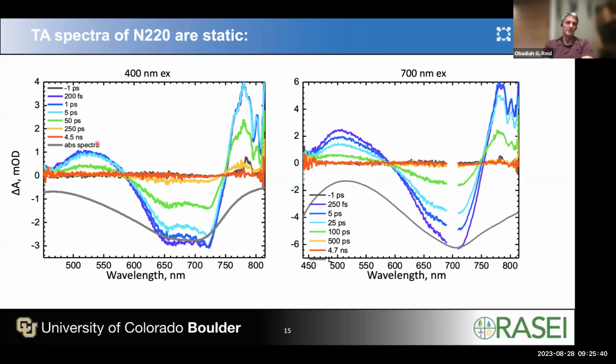This purple trace is the initial data at 200 femtoseconds, basically right after the laser pulse, and then you're decaying, and maybe there's some slight shifts, but for the most part, it doesn't seem like much is happening other than direct decay of the system to the ground state.